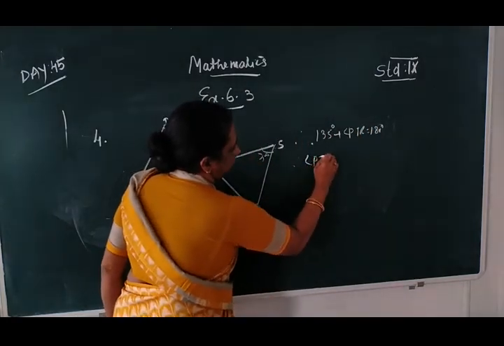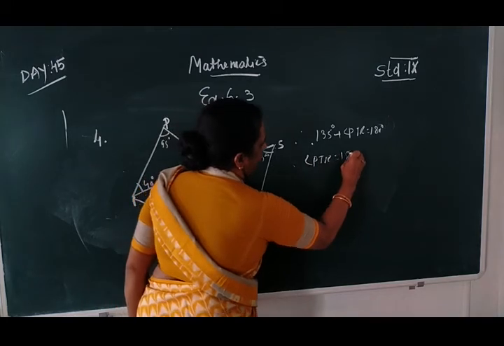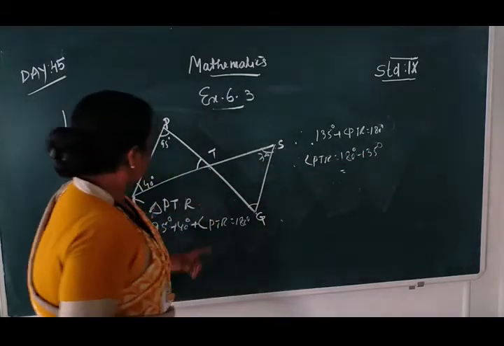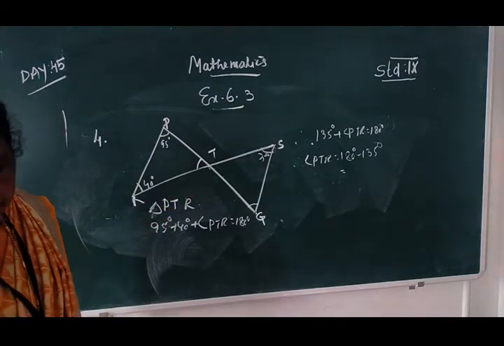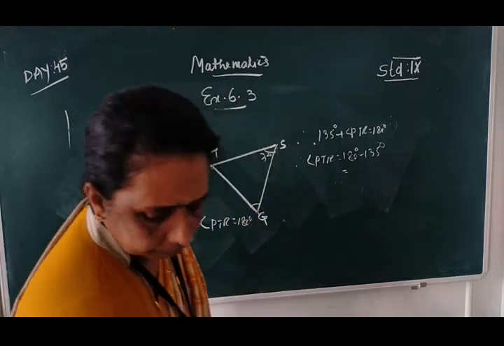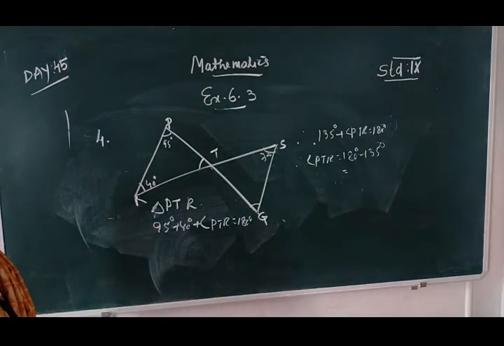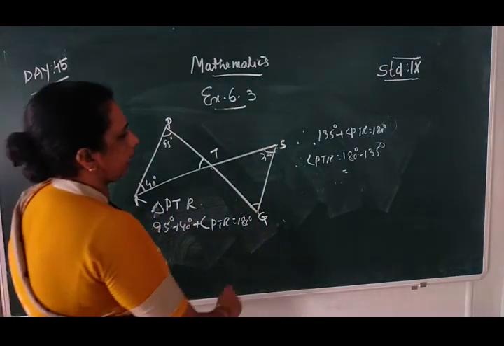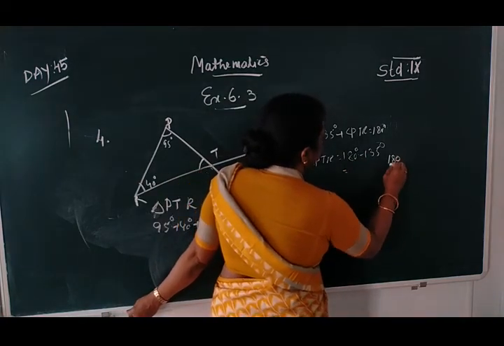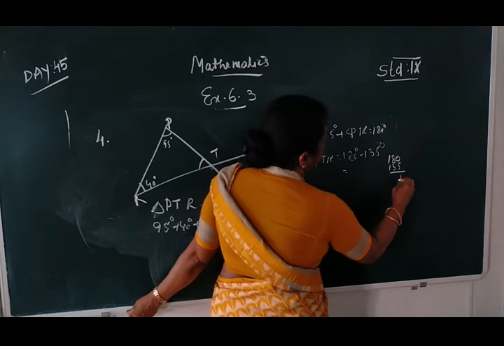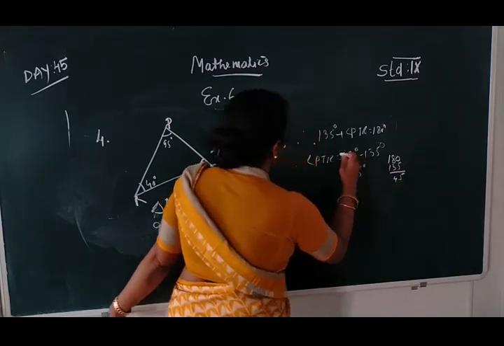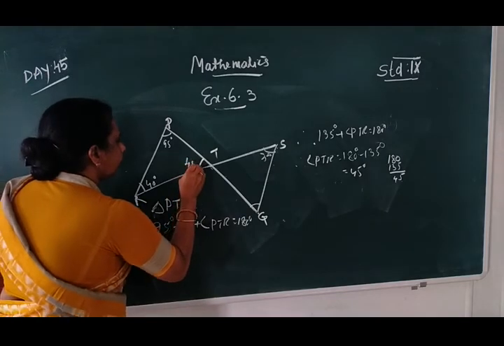Therefore, angle PTR is equal to 180 degrees minus 135 degrees, which is 45 degrees.